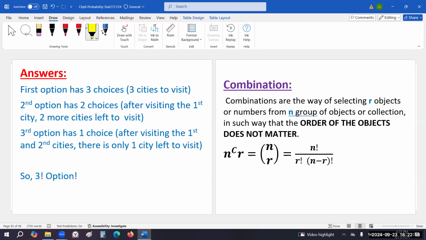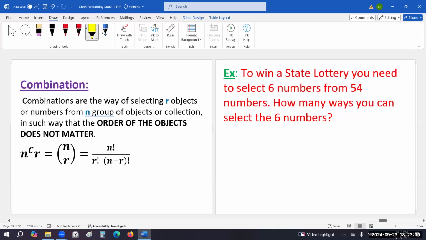We denote that as nCr, or sometimes simply n on the top, r on the bottom, in parentheses. And its definition is n factorial divided by r factorial times (n minus r) factorial. You don't have to memorize that, you can simply put it in your cheat sheet.